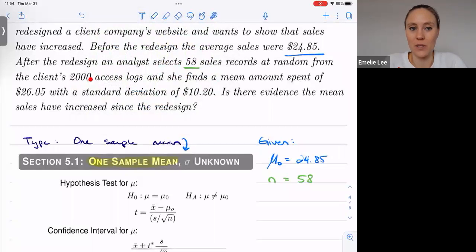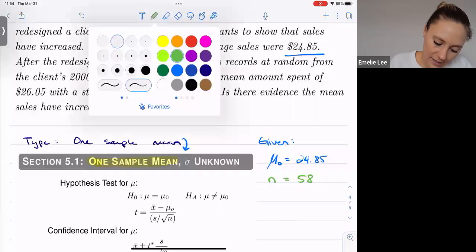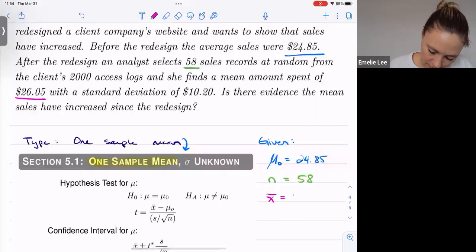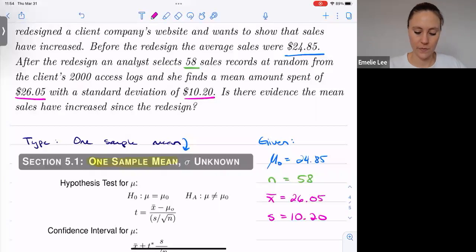Capital N is the population size, but it doesn't play a role in any of our calculations, so we can ignore it, right? And the sample mean, X bar, is 26.05, and the standard deviation, S, is 10.20.